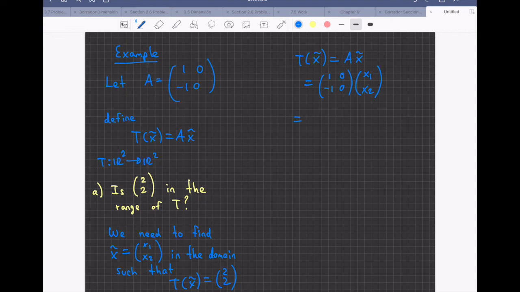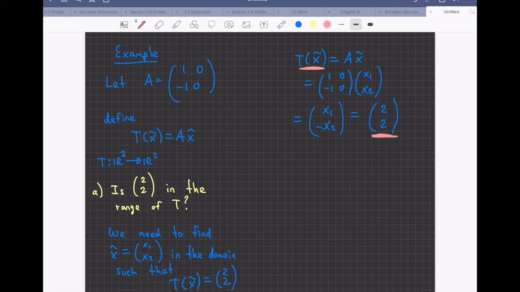Applying the multiplication of matrices, this is equal to x1, negative x2. And this should be equal to the vector that I want, 2, 2. We're looking for x such that T of x is equal to this, but now we have this equation of vectors.